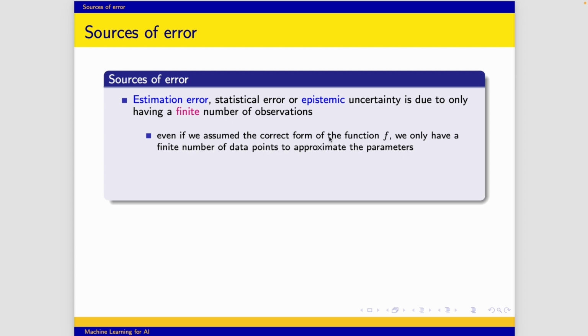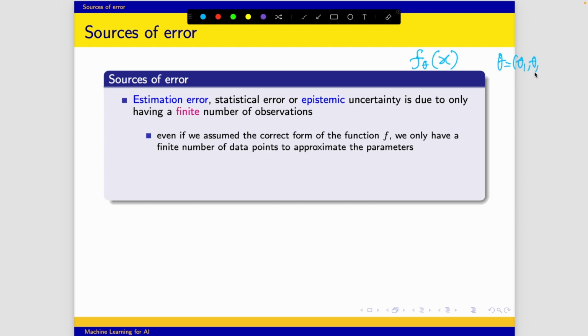So we can't generally hope to get the exact function that we're looking for, even if we've picked the correct form. For example, let's say we pick some function of x with some parameters in it, theta, where theta looks like theta 1, theta 2, up to theta m. But let's say we've only got n data points, and n is less than m.